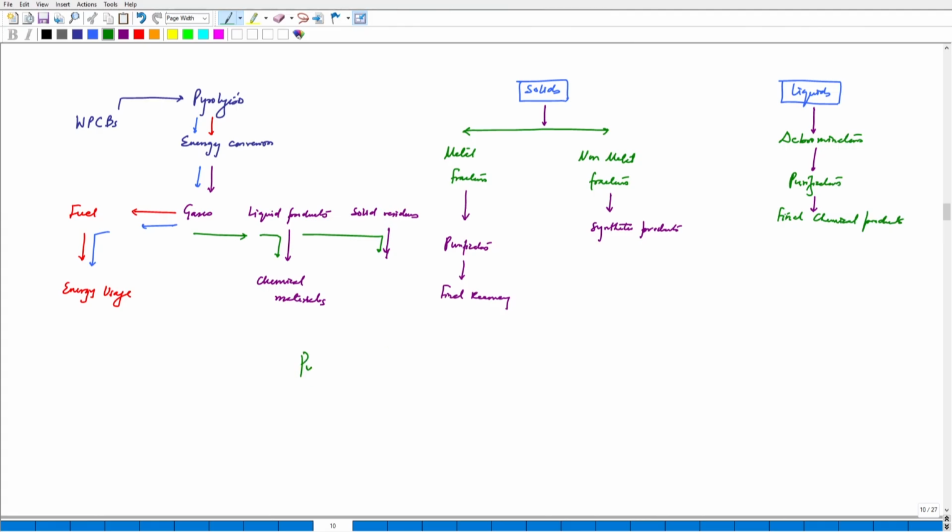So when we think of pyrolysis oil, we can get key components like phenol and isopropyl phenol.